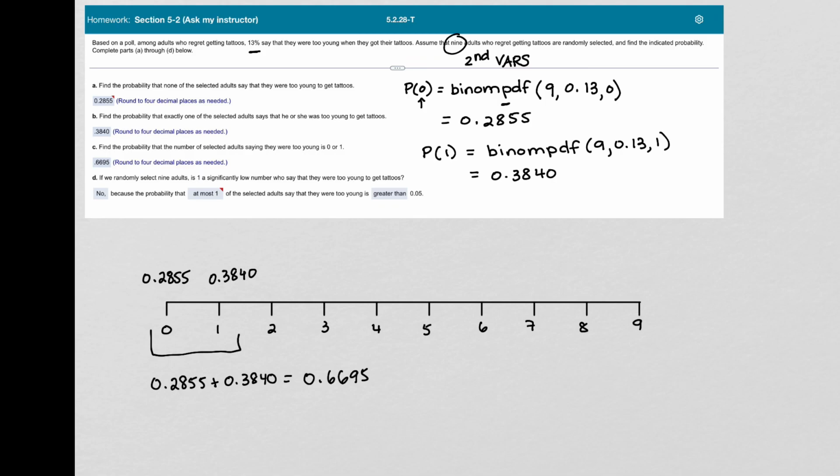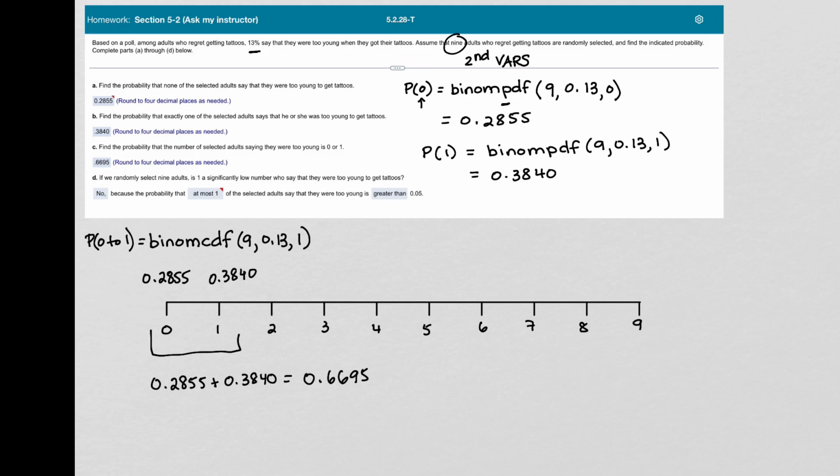Now another way of calculating this, because now we're looking for the probability of a different number of successes, not just one single number of successes, but a range of values, I could have done this also by calculating Binomial CDF 9, 0.13, and 1 is the maximum number of successes. So that would be the probability of 0 to 1 success. So either way, I get that 0.6695.